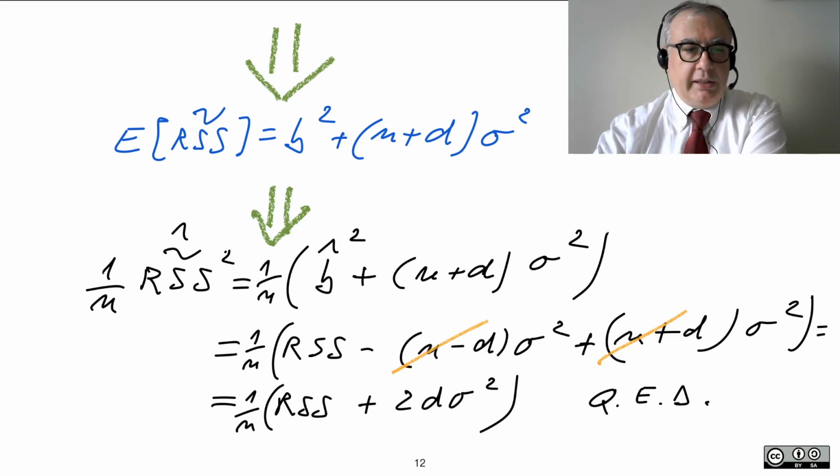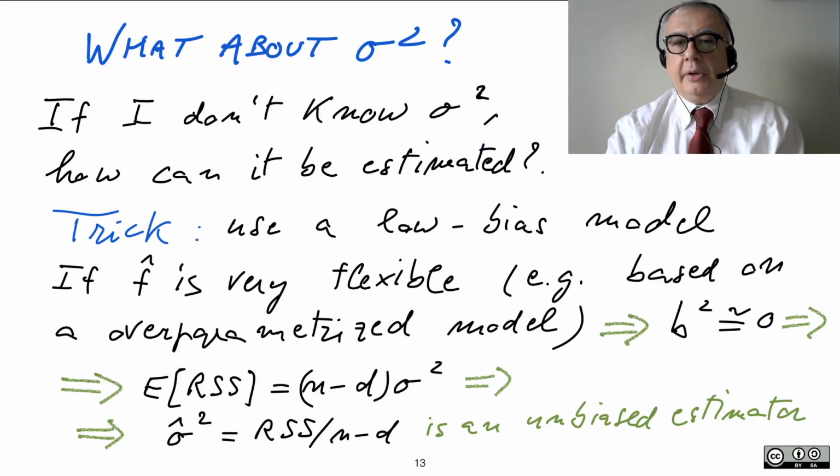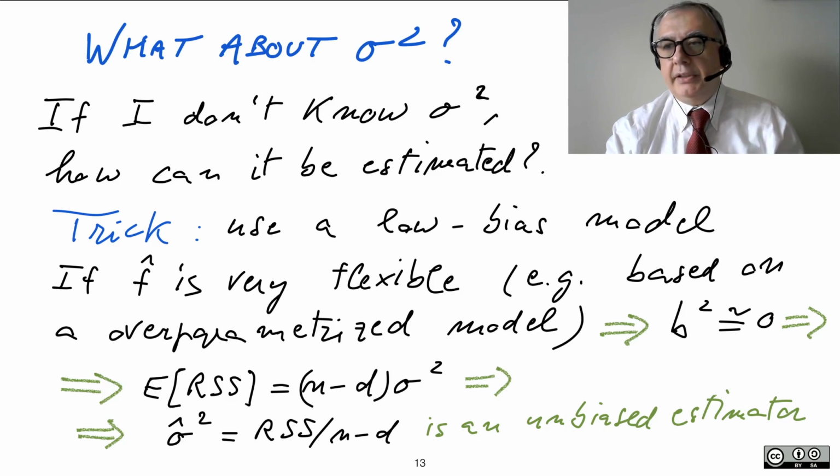But we still have some open questions, and in particular the question is sigma squared, because the criterion requires knowledge of sigma squared, and if you don't know it, and this is what happens in most cases, you have to estimate it. How can you estimate sigma squared? Here there is an interesting trick that you should keep in mind: you can estimate sigma squared by using a low bias model.